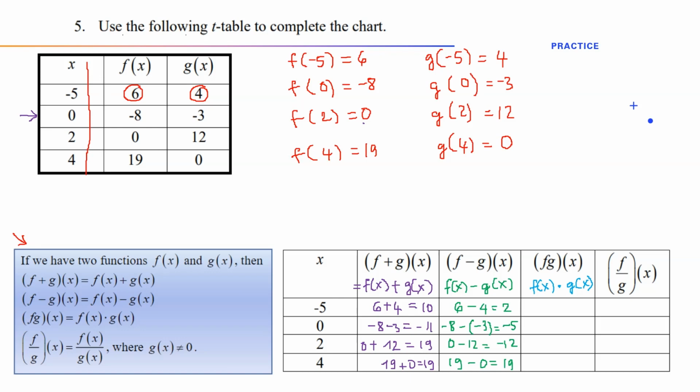So we have f of negative 5 is 6 times 4, that's 24. Okay, so negative 8 times negative 3, that's 24. Okay, 12 and 0, 0 times 12, that's 0. 19 times 0 is 0.